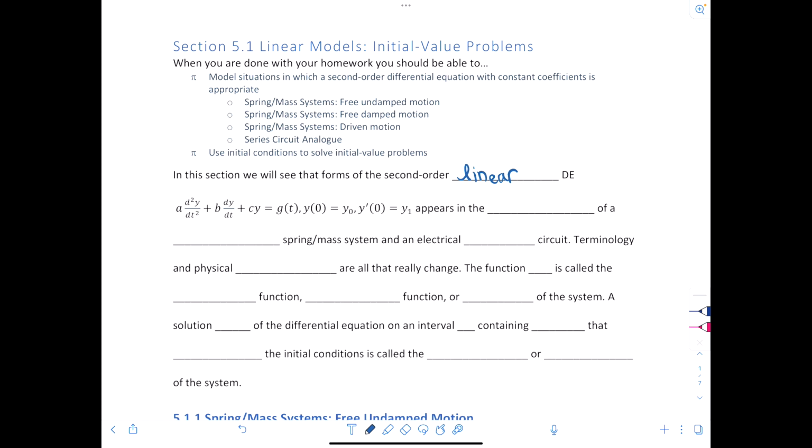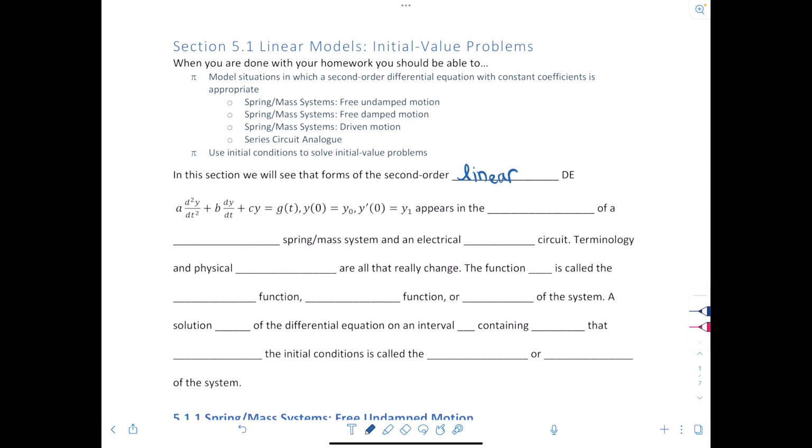You've got some constant times a second derivative with respect to time, another constant times the first derivative with respect to time, and then a constant times the zeroth derivative. And it's non-homogeneous.